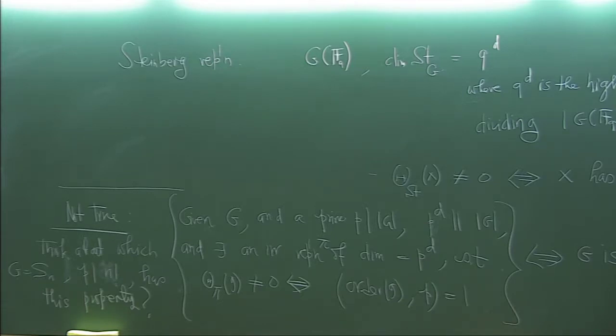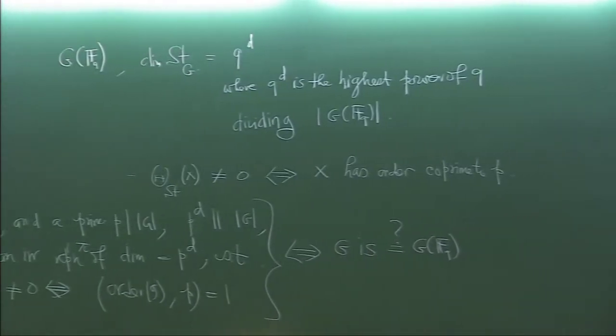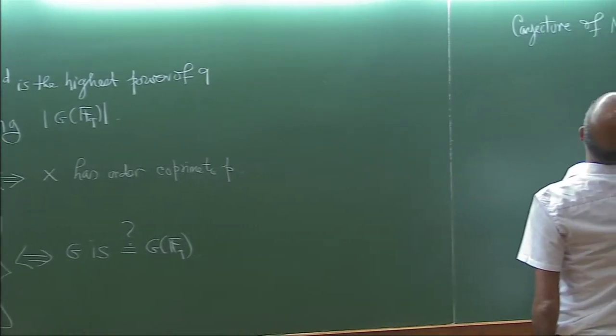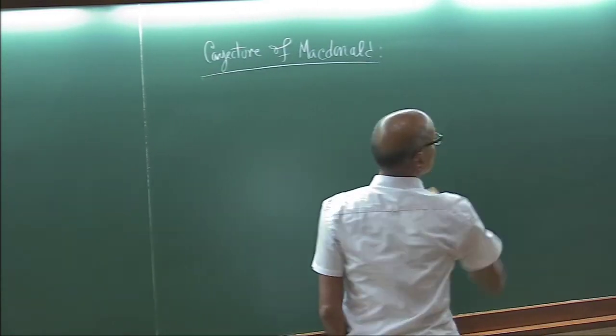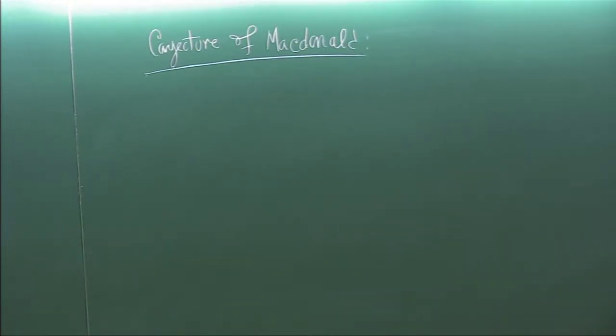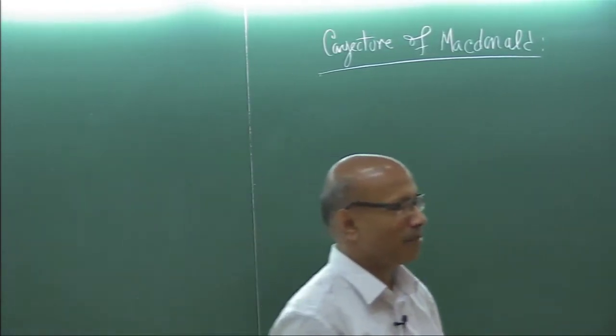All right, so we began with the conjecture of Macdonald. Given G and a prime p, there exists an irreducible representation. When one thinks about G(F_q), one of the properties of the prime p is that it doesn't divide the order of the group in a small measure, but it divides in a big way.